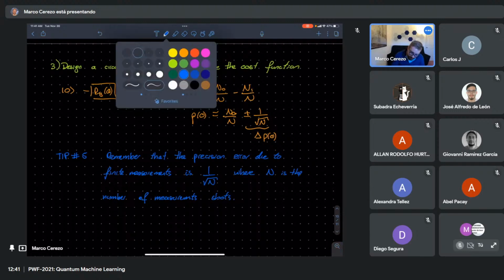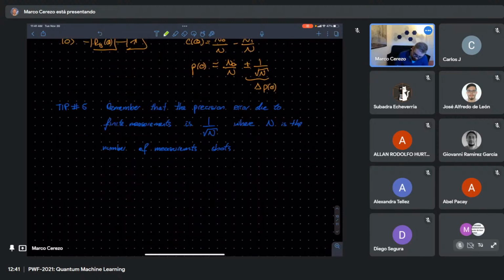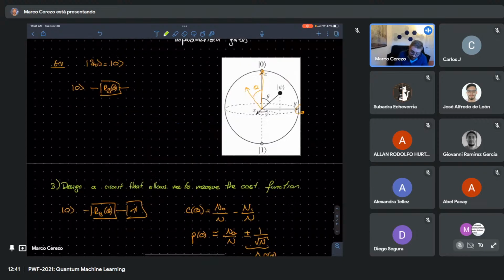So then fourth and fifth, we need to determine a parameter initialization strategy. So, you know, I have a quantum circuit that has some parameters.